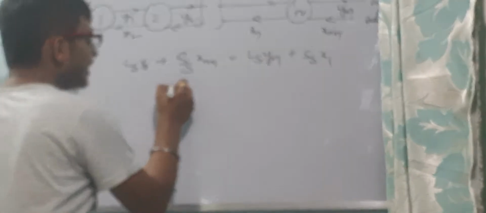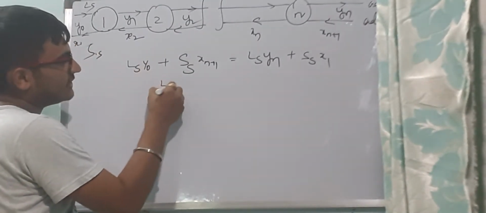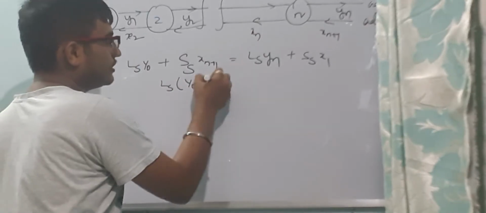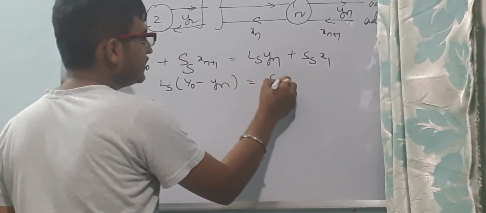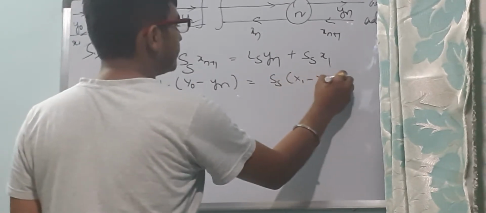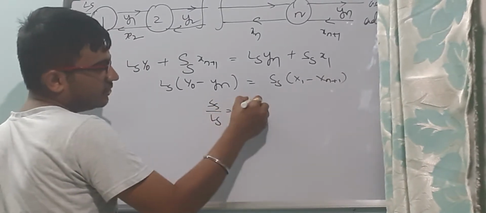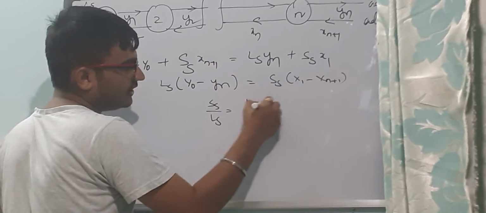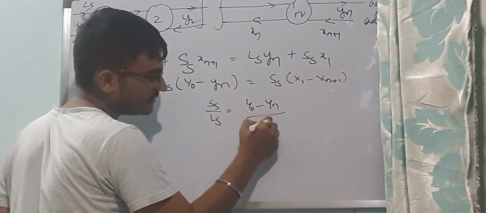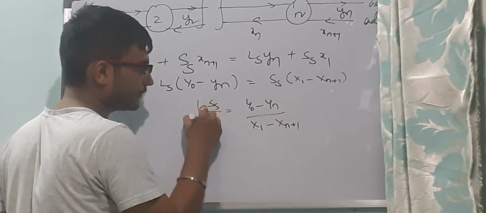So from this you get Ls into y0 minus yn is equal to Ss into x1 minus xn plus 1. So Ss by Ls is equal to y0 minus yn by x1 minus xn plus 1.